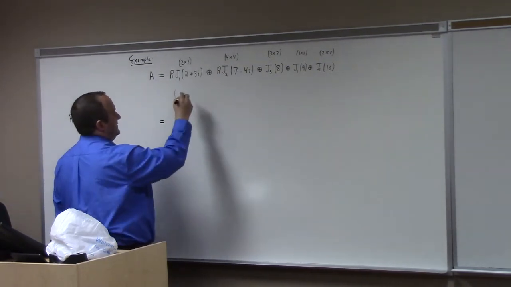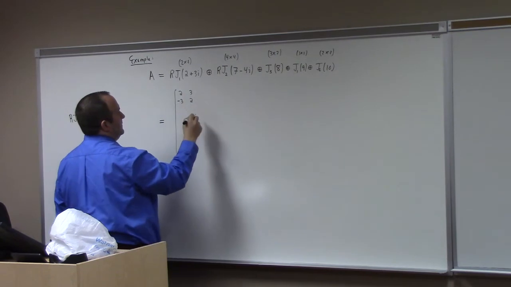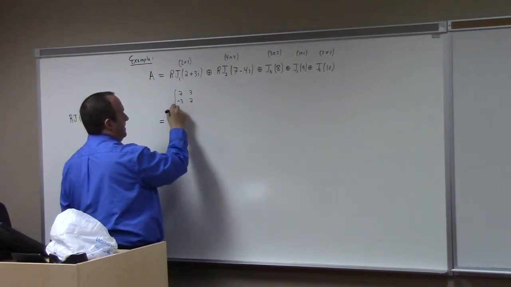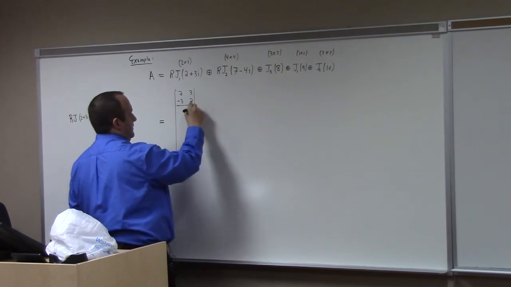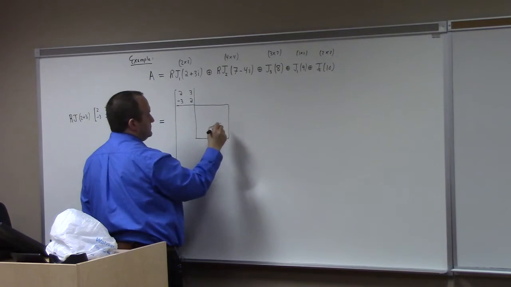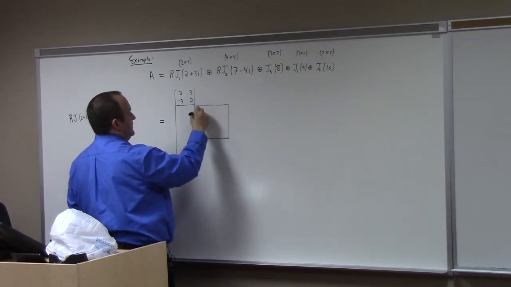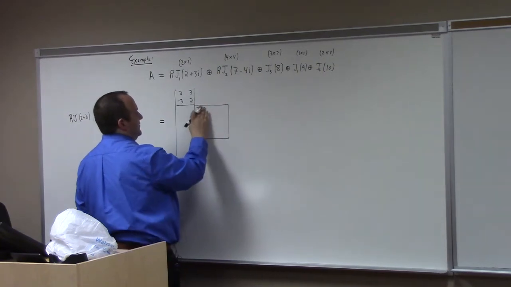So let's see here. I'll get us started. The first block is 2, 3, minus 3, 2. And then the next 4 by 4 block we have here would be... I'm sorry, I did 7 plus 4i, didn't I?